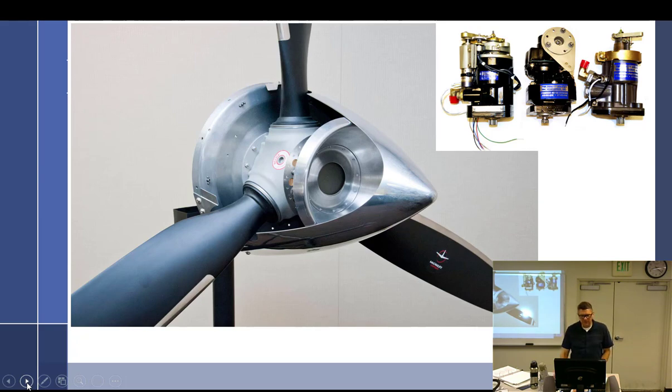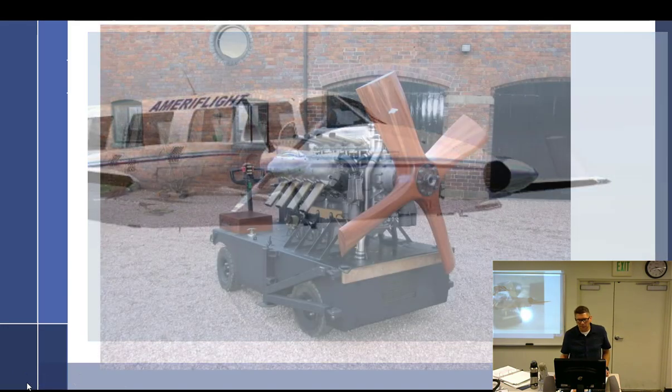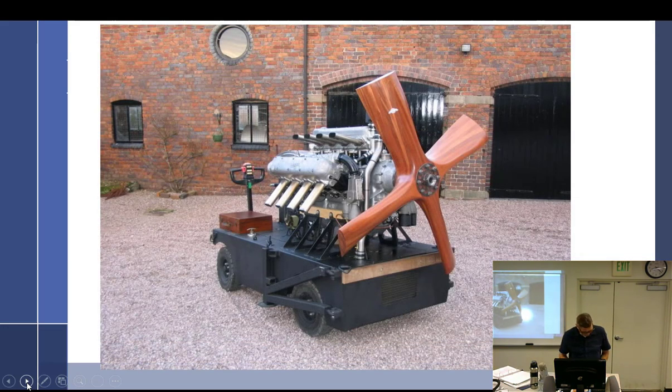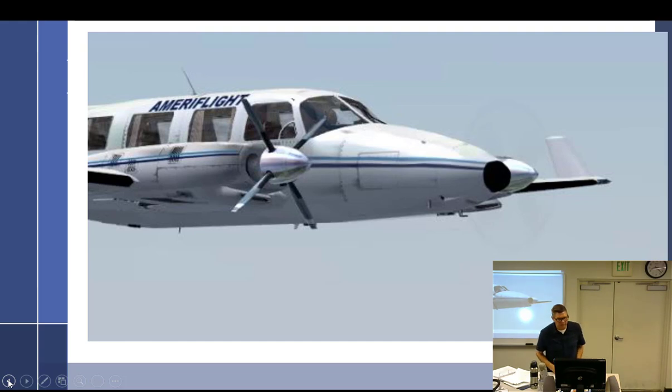We have options with these. We'll cover them. We have the feathering prop, which you talked about feathering. It's a constant speed prop with that option on it. Oh, I'll back up one. Not only do you have feathering, but you may also have a prop with a beta range.